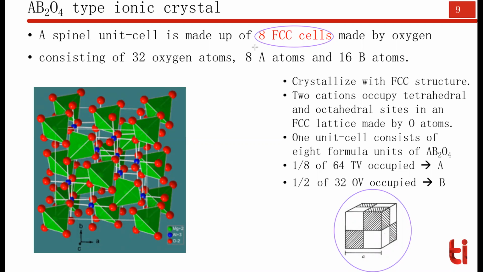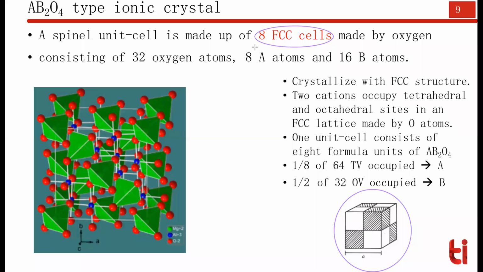There are 4 effective atoms in 1 FCC unit cell, and the spinel unit cell is actually made up of 8 of such FCC unit cells. So in 1 such unit cell, I have 4 atoms, and I have 8 of them. So 8 into 4, that means I will have a total of 32 atoms making my overall larger spinel unit cell. Where are these 32 atoms?